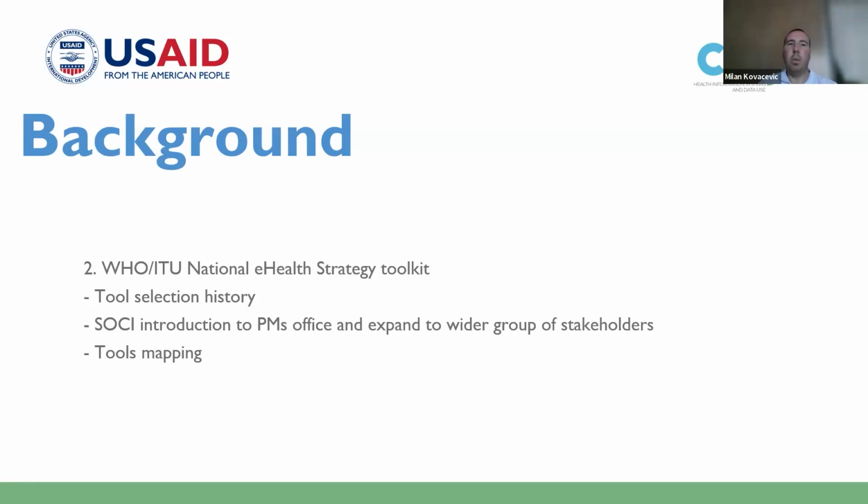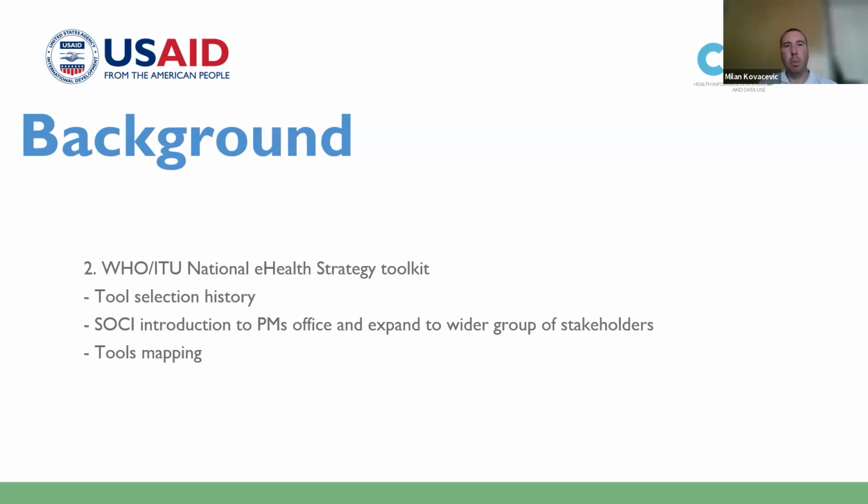Since the WHO tool was already selected, the hardest part of the job was explaining and introducing people to what the SOCI tool is and what benefits we can have in Serbia. We were also helped in this step by our CISU colleague Derek, who did the tool mapping and showed that the WHO and SOCI tools are quite similar.